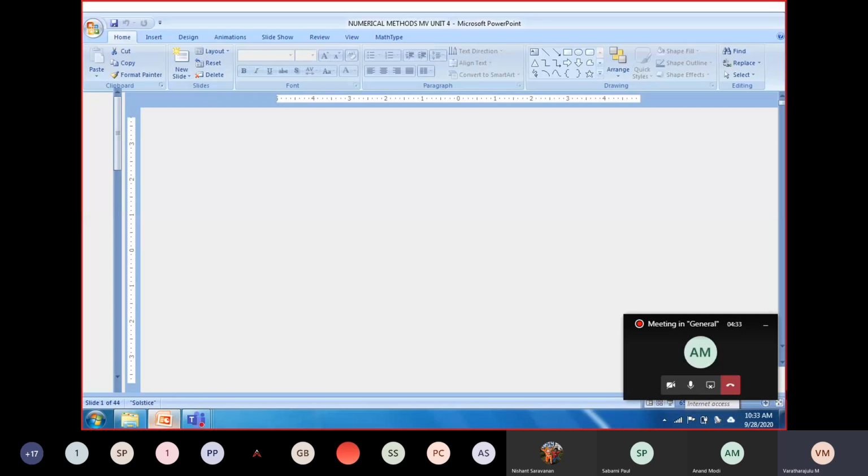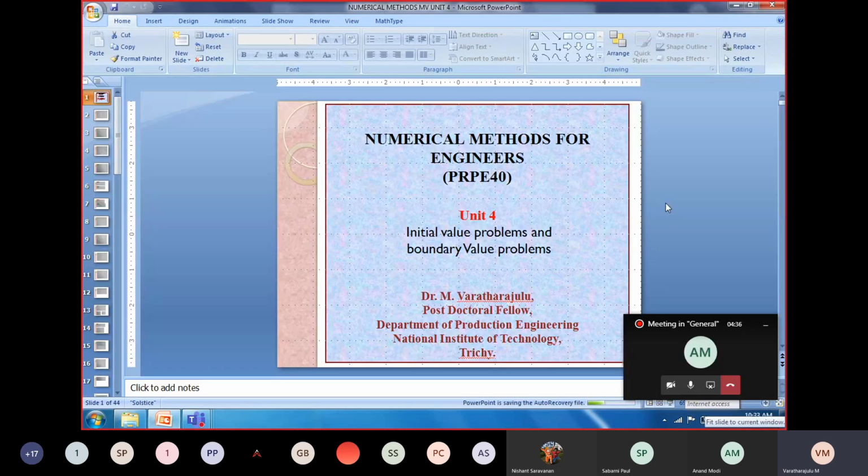With the aid of the quadratic equation, with the solution of b square minus 4ac, we can find whether the given equation belongs to elliptic or parabolic or hyperbolic. We have started solving the problem under elliptic. In elliptic itself, we have two different classifications. One is Laplace, the other one is Poisson equation. We have started solving Laplace equation.